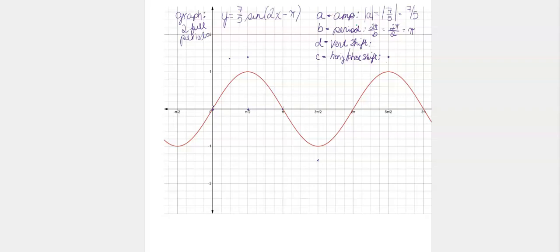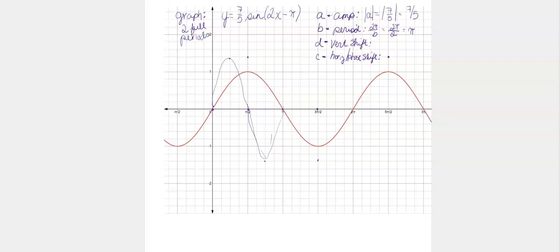Then halfway between there and there, my amplitude would be down here. So this isn't the graph yet because I haven't put my shifts in, but if I didn't have shifts, this graph that I'm trying to lightly sketch here would be 1 period, and then I would do it again over here. This is halfway through, this is 2 pi.